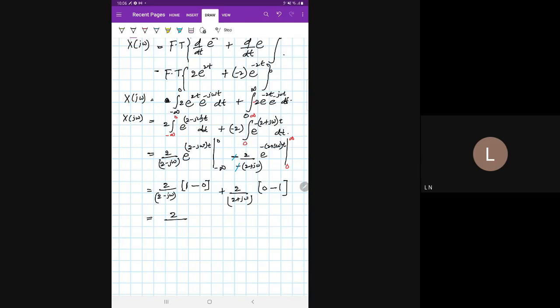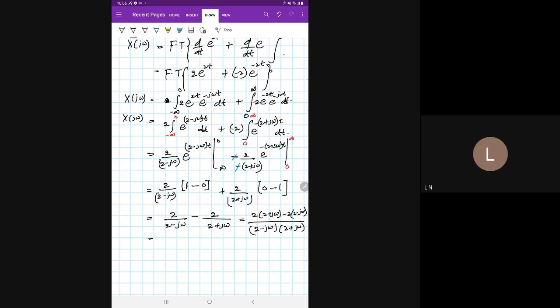It will be equal to 2 divided by 2 minus j omega minus 2 divided by 2 plus j omega, which can be further written as 2 into (2 plus j omega) minus 2 into (2 minus j omega) divided by (2 minus j omega) into (2 plus j omega).